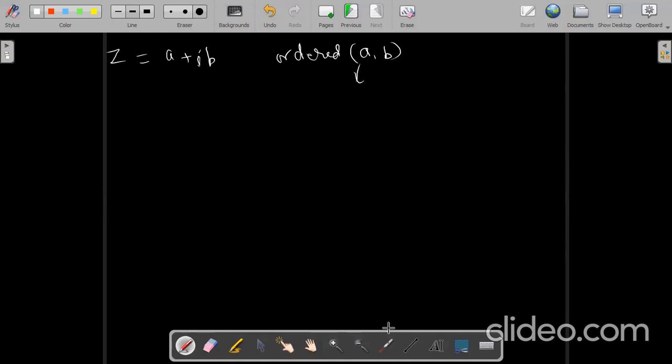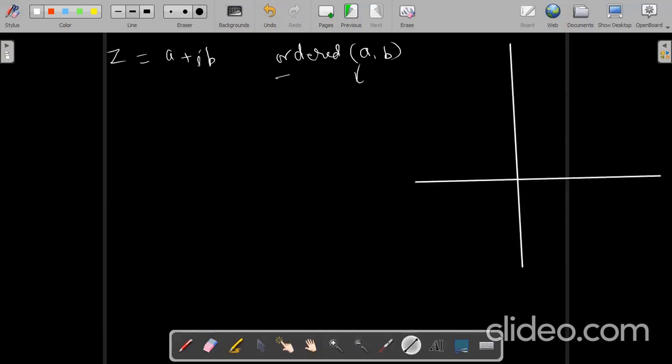So we can represent this ordered pair on our coordinate system, x axis and y axis. For example, suppose we have a number 2 plus 3 iota, it is represented by 2 and 3.